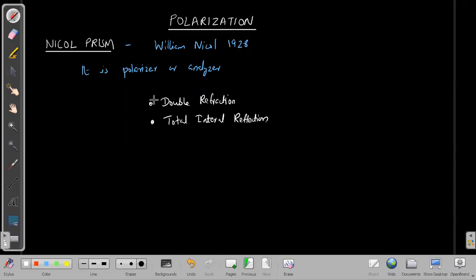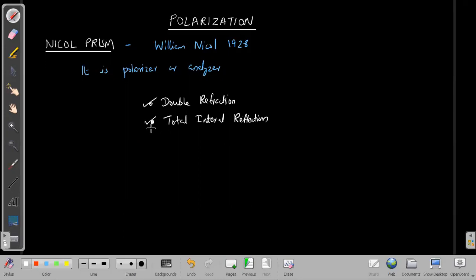Okay, so Nicol prism is basically using both these phenomena in order to convert an unpolarized light into a polarized light.